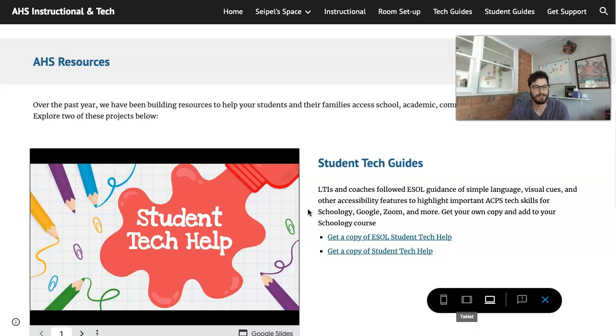So we put these resources together, focused on tools like Schoology, Google Drive, and Zoom to help our students be able to access the digital content that they need.